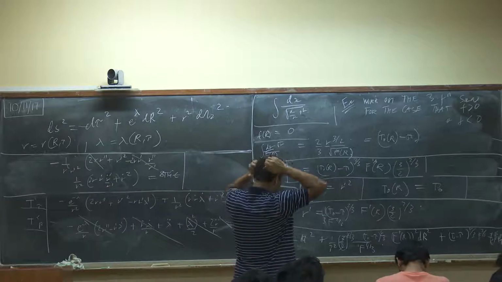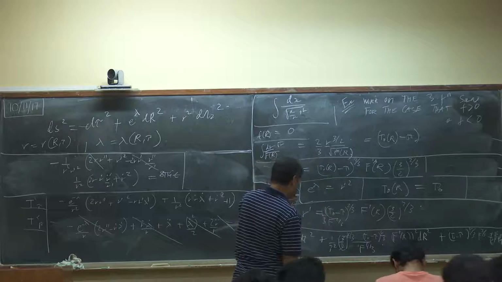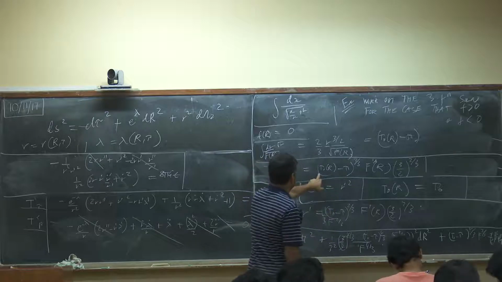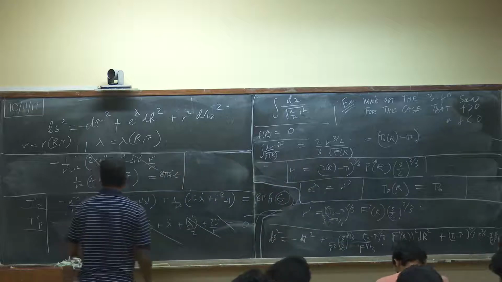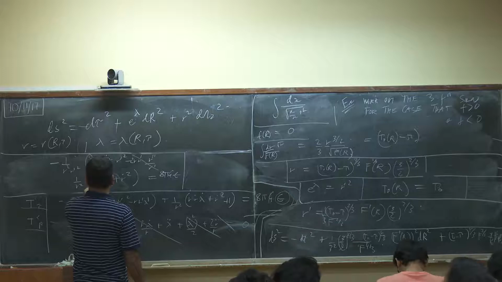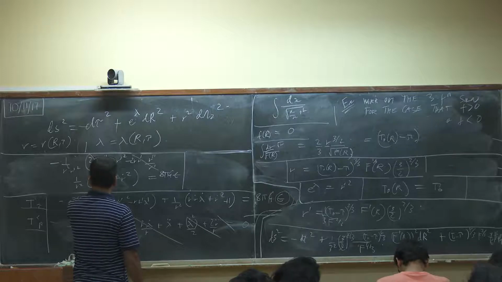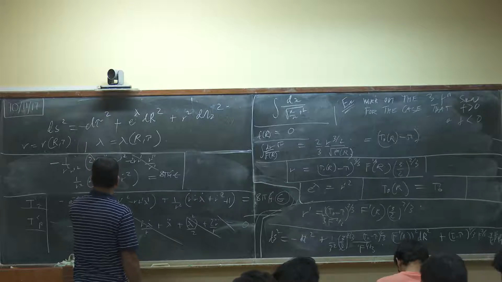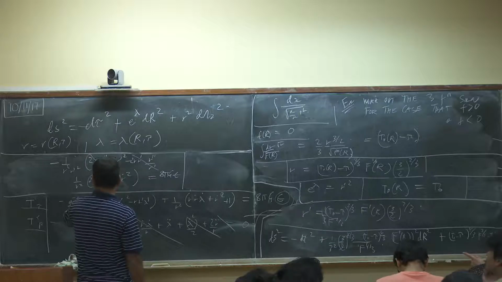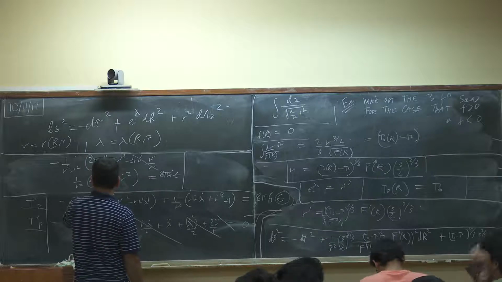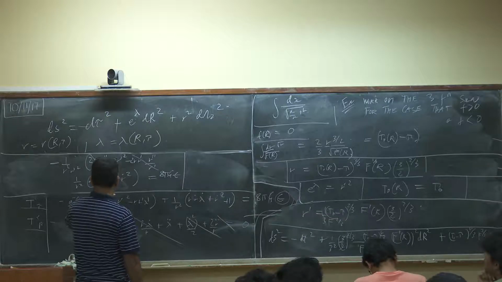Okay, so now we substitute. So R is equal to this. So what do we get? R dot prime by R prime. Now let's see. R dot prime is the prime of R dot squared over 2. Good.